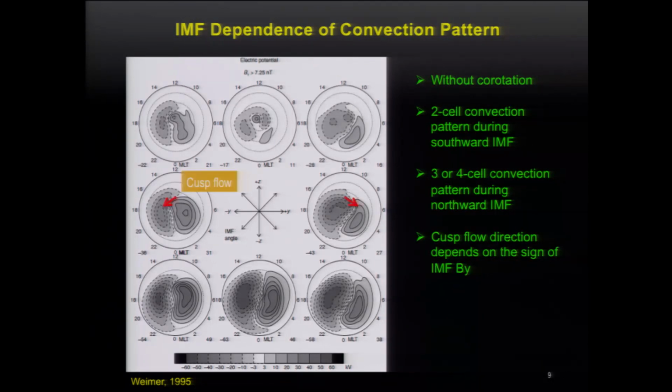What's more interesting is when you have an IMF BY component, in the dayside cusp region the flow direction directly reflects the BY direction. When it has a positive component, the flow will drift towards the dawn. When it has a negative component, it will drift towards the dusk sector. So the cusp flow is very sensitive to the IMF BY direction.